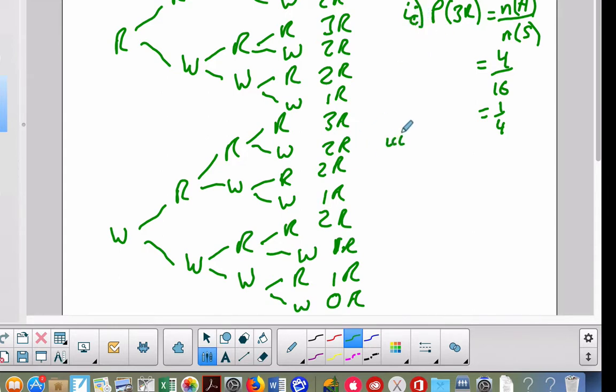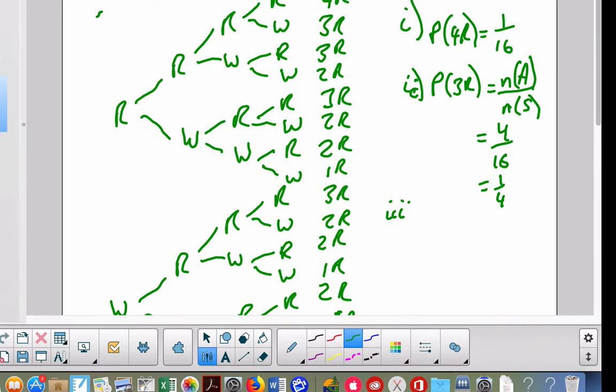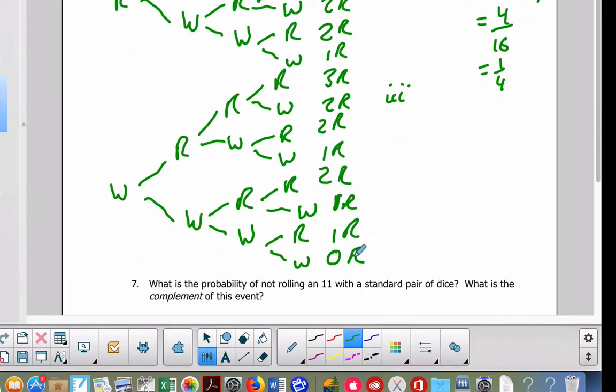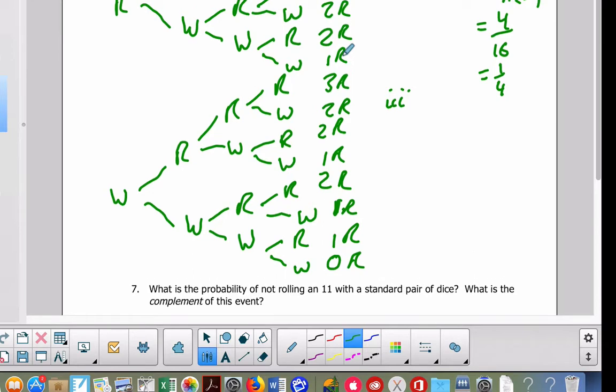And for 3, it asks you to find the number of ways that he gets fewer than 2 correct. So that means 1 or 0. So there's 4 ways that he can get 1 right, and there's 1 way that he can get 0 right.